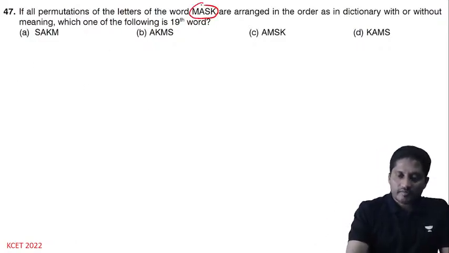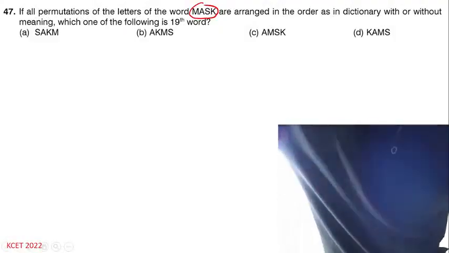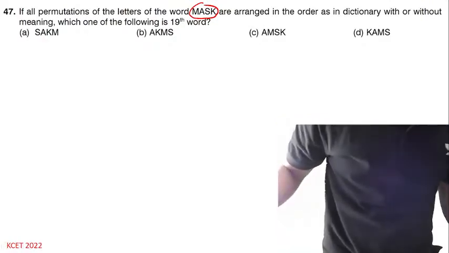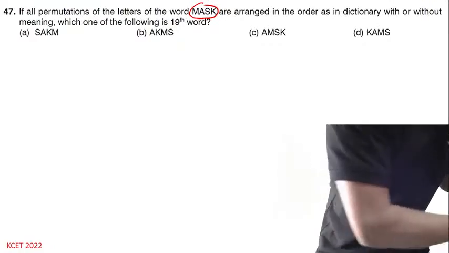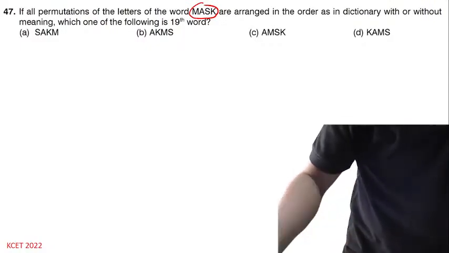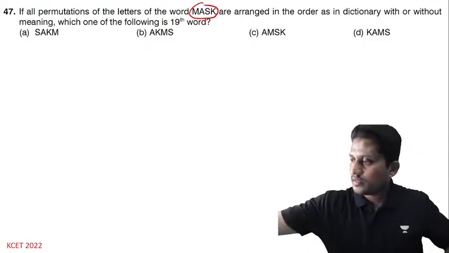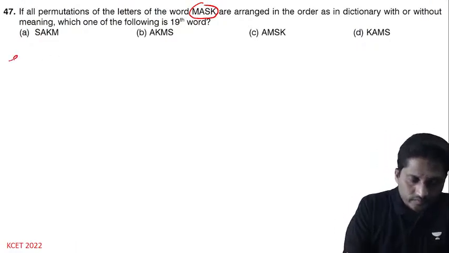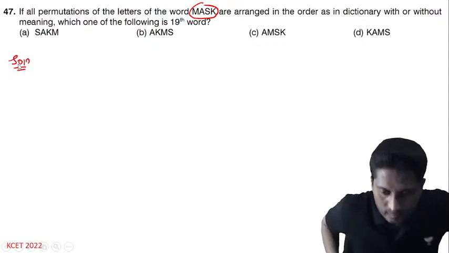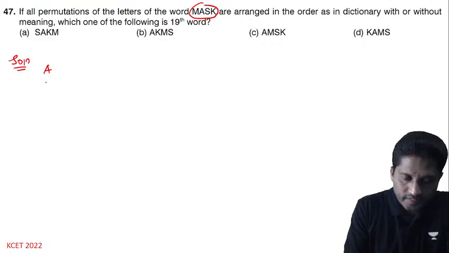If I arrange the letters of the word MASK in alphabetical order, it should be A, K, M, S. This is in alphabetical order.